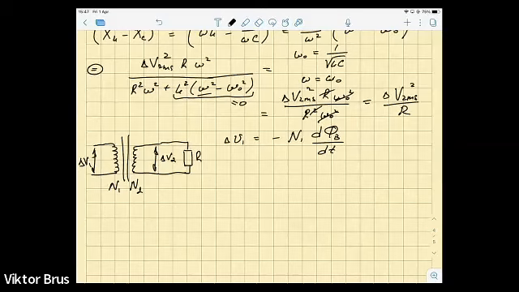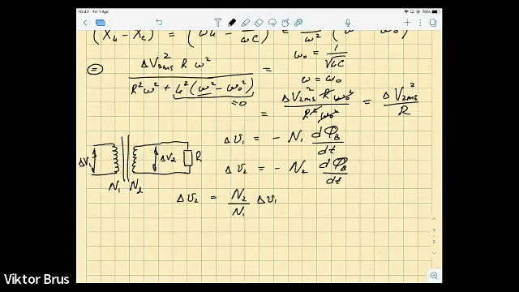However, the number of turns is different. So for the potential difference in the secondary coil, we can write minus N2 times dFB over dt. From here, assuming that there are no losses of magnetic lines in such configuration and the magnetic field flux is the same, we can write that delta V2 is equal to N2 divided by N1 times delta V1.